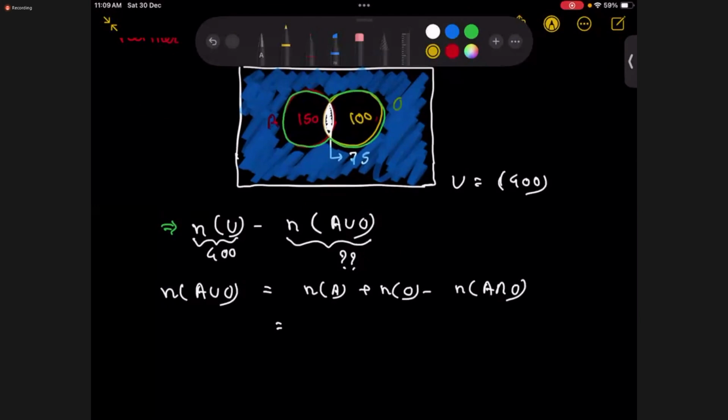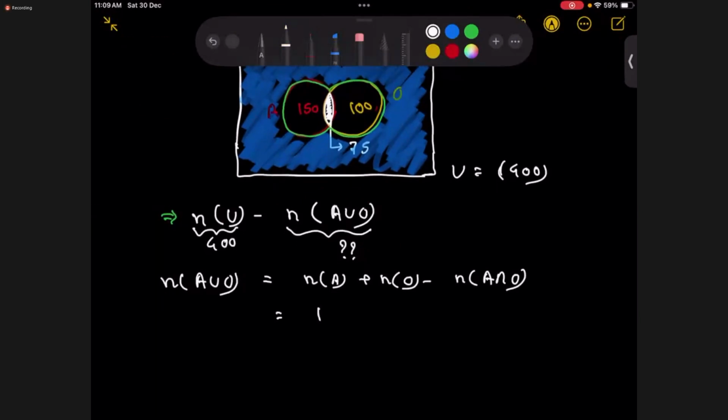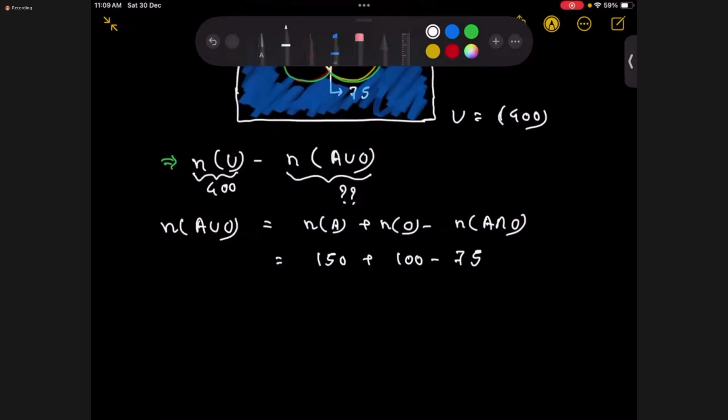Right? So what about n of A? n of A is 150, n of O is 100, and n of A intersection O is 75. So this is 250 minus 75, that is 175.